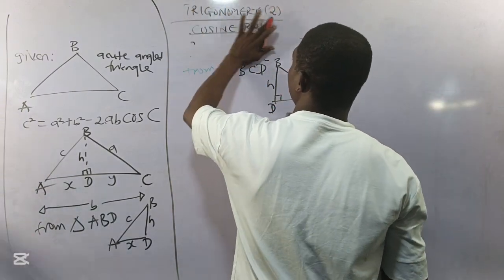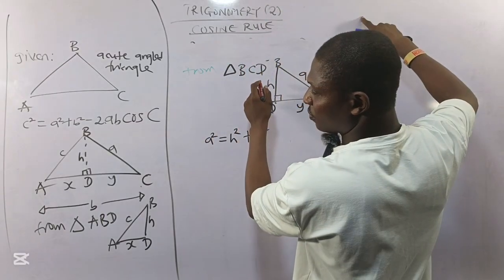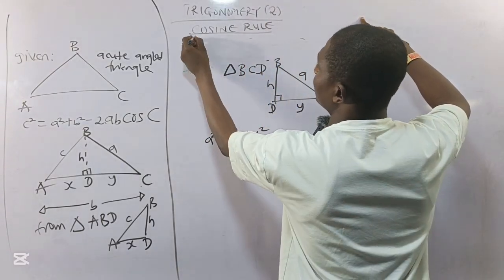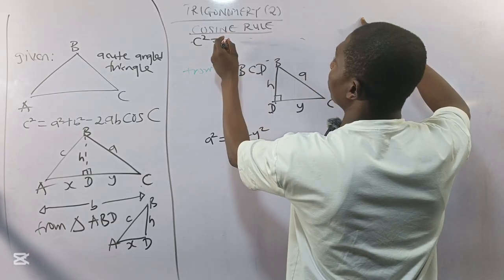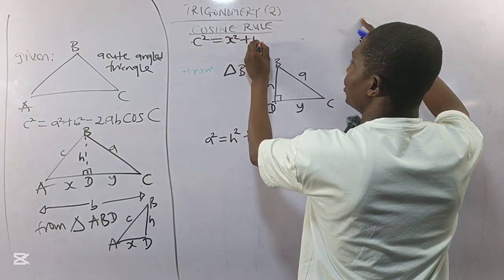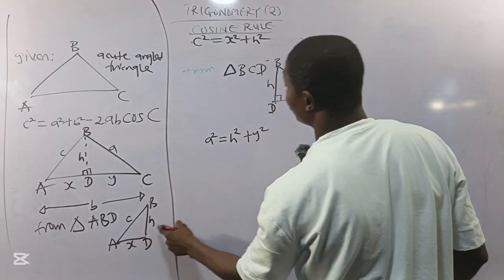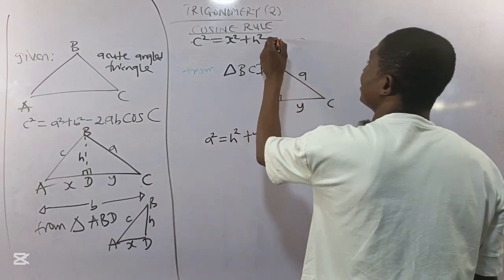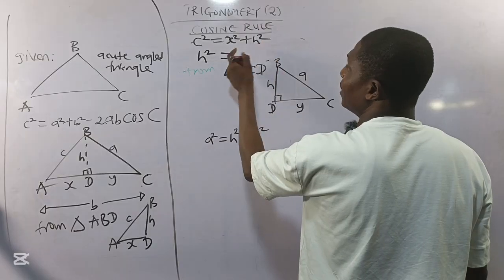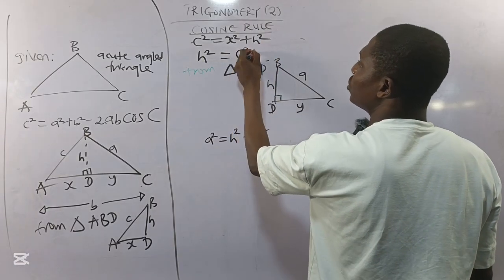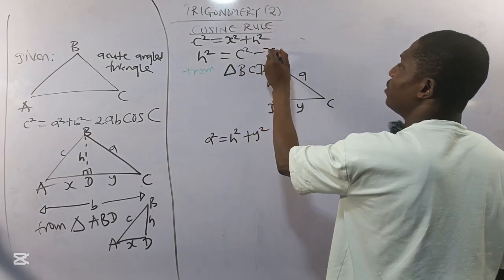So C squared equals X squared plus H squared, because this is the hypotenuse side, so it must equal the sum of the squares of the adjacent and the opposite sides. And making H squared the subject, I have C squared, and X will move over to become minus X squared.